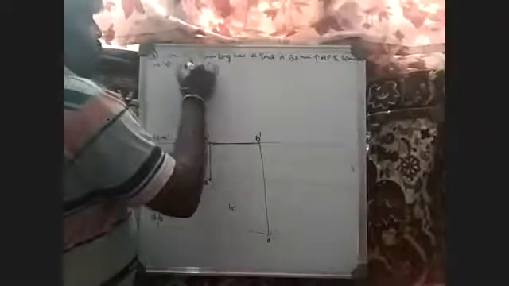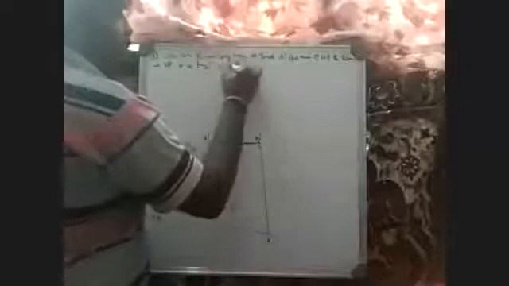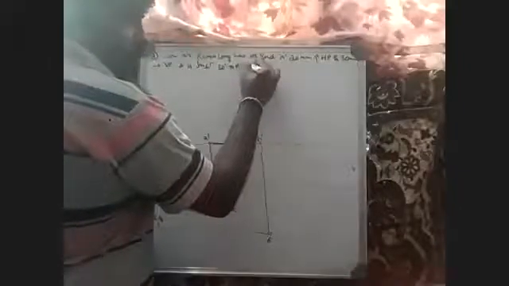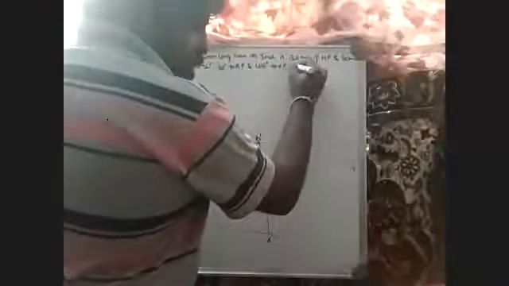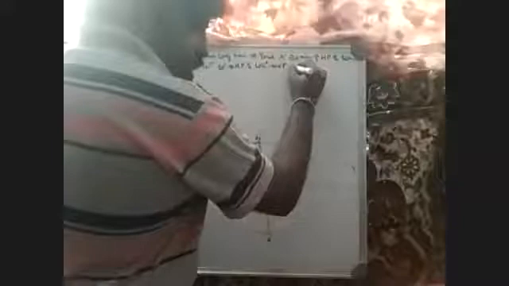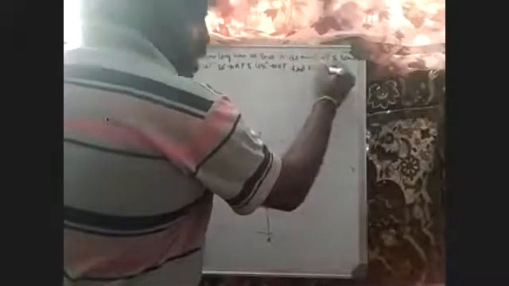It is inclined 30 degrees to HP and 45 degrees to VP. Draw the projections of the line and determine the apparent length and apparent inclination.